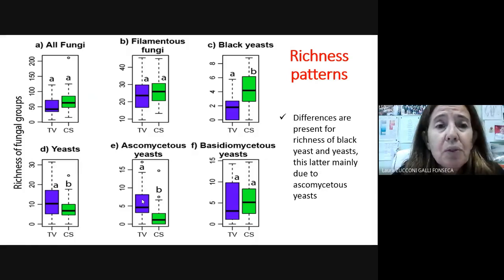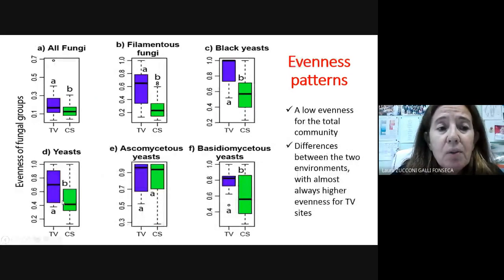When we look at the values of the evenness, the first interesting result is a low evenness for the total community. So a low evenness value suggests a low ability to react to changes of the environmental conditions, so a low resilience ability.